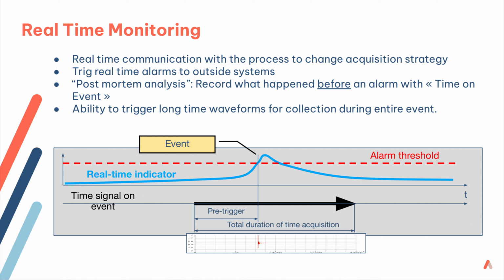We can put pre-triggers because the system is looking at the data 24/7, 365, instead of waking up and triggering based on a preset periodic measurement. With an MVX or an online system, we can set a threshold and it will record before that threshold even happened, allowing us greater data, greater chance to diagnose faults.